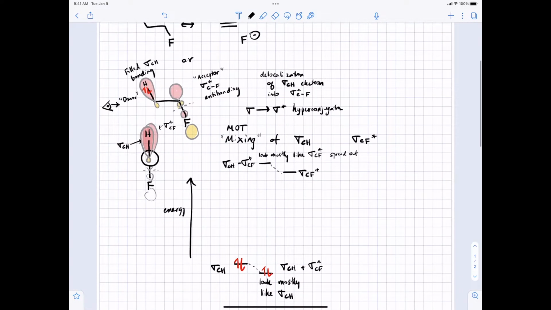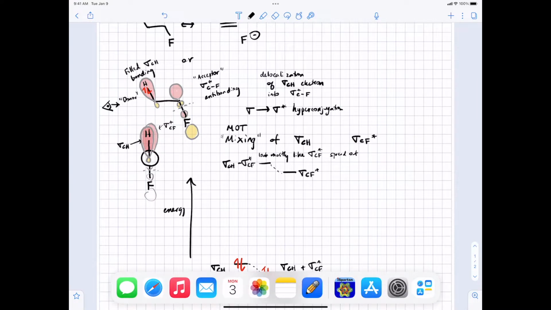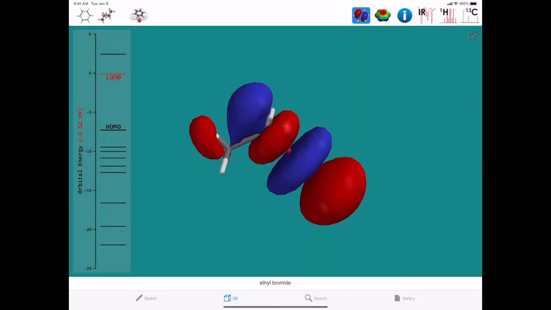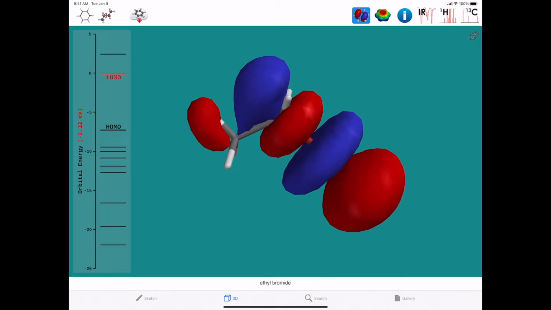So one of the consequences of hyperconjugation is that what you think of as the LUMO of this molecule spreads out a little bit onto that adjacent beta proton, and therefore when a nucleophile approaches this molecule, it has to decide whether to attack at the carbon or at the beta proton, and this is why SN2 and E2 compete with each other. All right, questions about that concept?